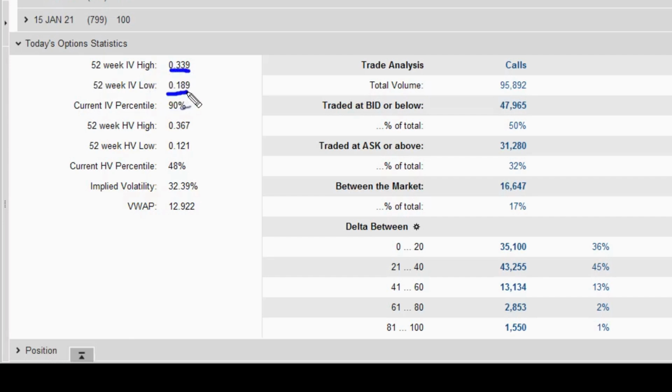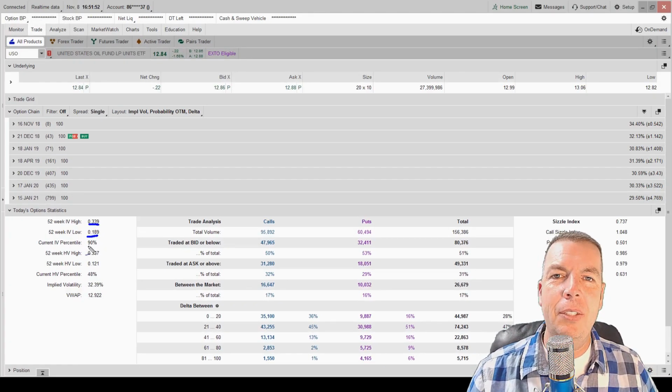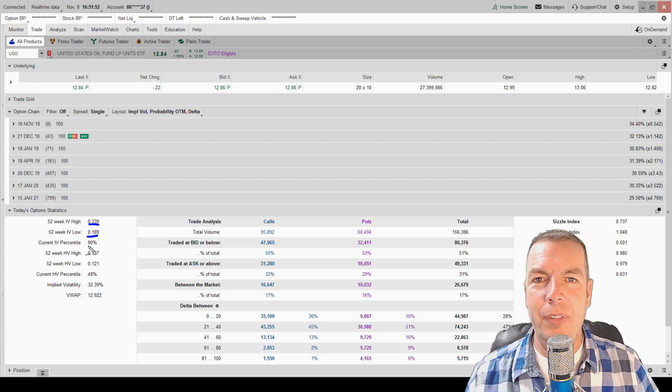That's the highest the implied volatility was in a year period, and 18.9 is the lowest that it's been in the last year. Well, this current IV percentile is saying that right now, over the last year, 90% of the time, the implied volatility has been lower than it is right now.